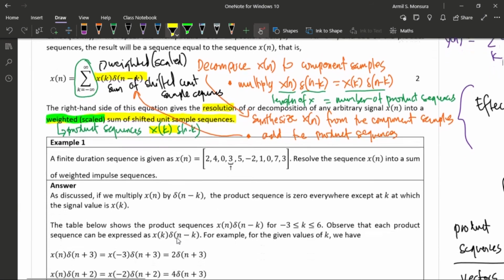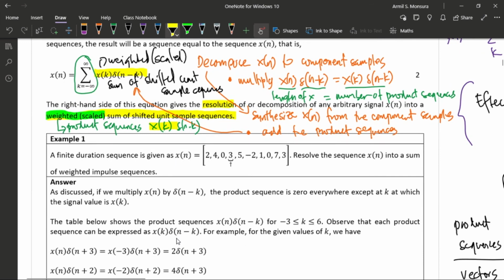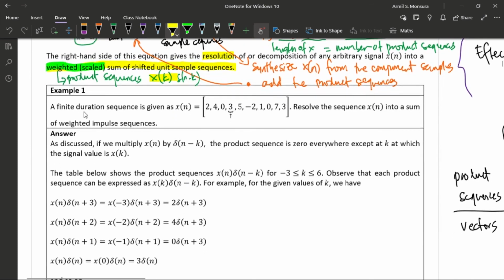Okay. Now let's take a look at example 1. Okay, so we're given a sequence x of n which has the following sample values. We take note that your x of n has a value of 3 when n equals 0.